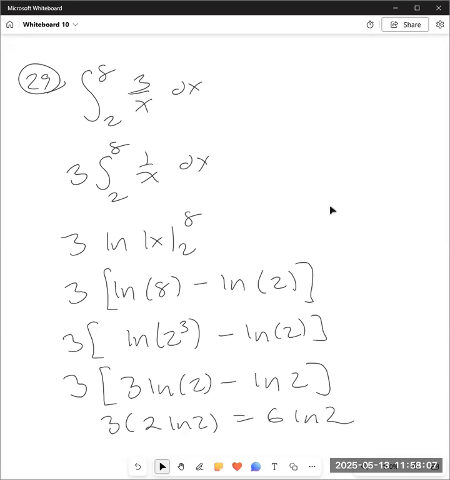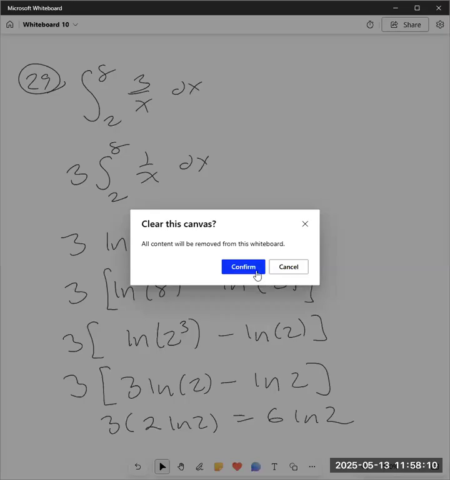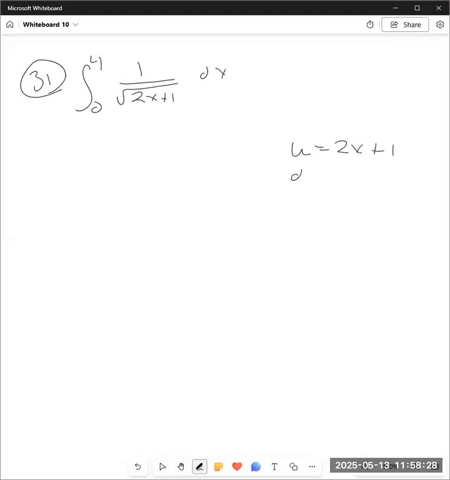Let's look at number 31. Zero to 4 of 1 over the square root of 2x plus 1 dx. u is going to be 2x plus 1. du dx is going to be 2. du will be 2 dx.